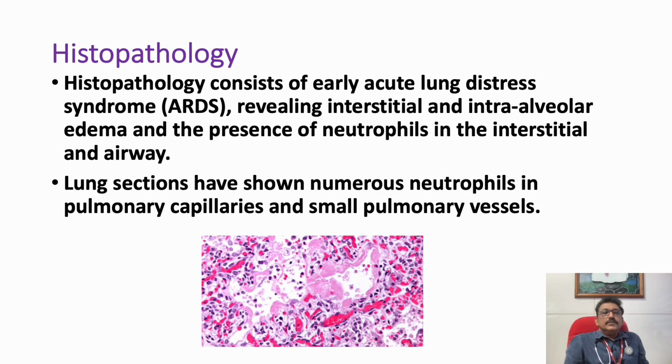If you see the histopathology, it will be similar to ARDS. There will be interstitial and intra-alveolar edema with presence of neutrophils in the interstitium and airways. Numerous neutrophils can be seen in pulmonary capillaries and small pulmonary vessels in the section. This is similar to ARDS, acute respiratory distress syndrome.